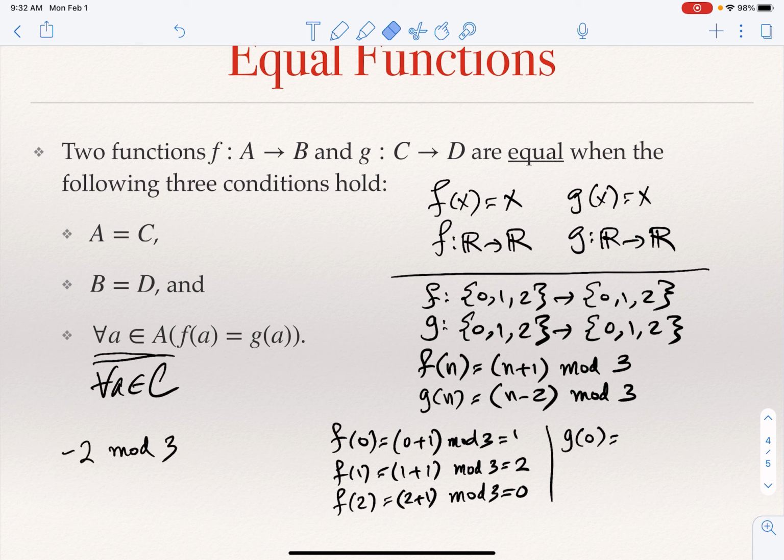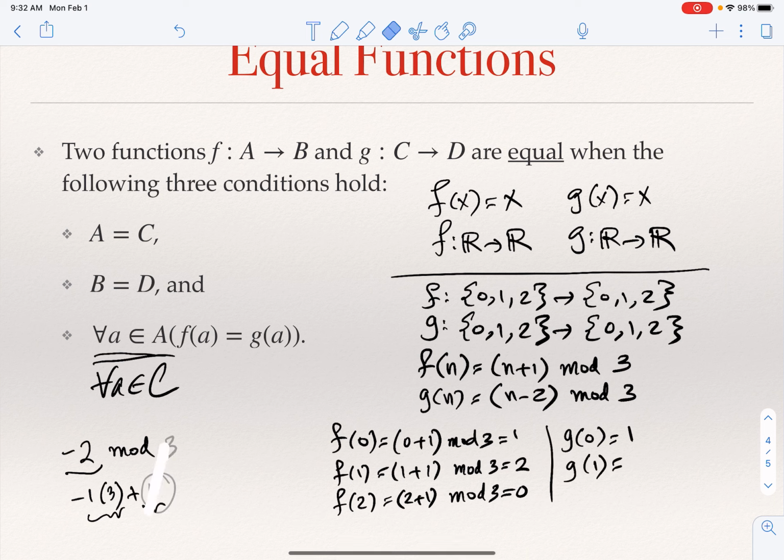The minus 2 is minus 1 times 3 plus 1, right? So it's minus 3. So we have minus 1 copies of 3, and the remainder is 1. Okay, so this is the remainder. So it is 1.